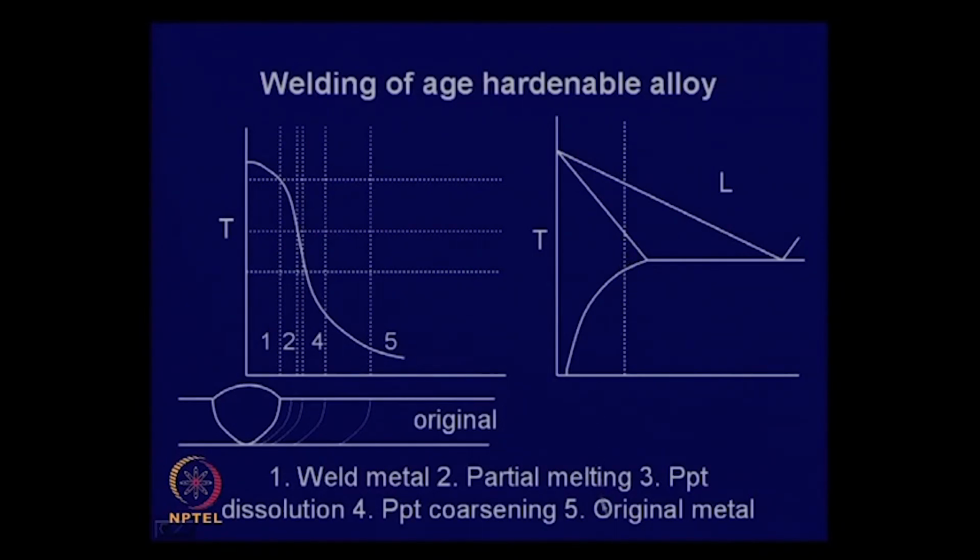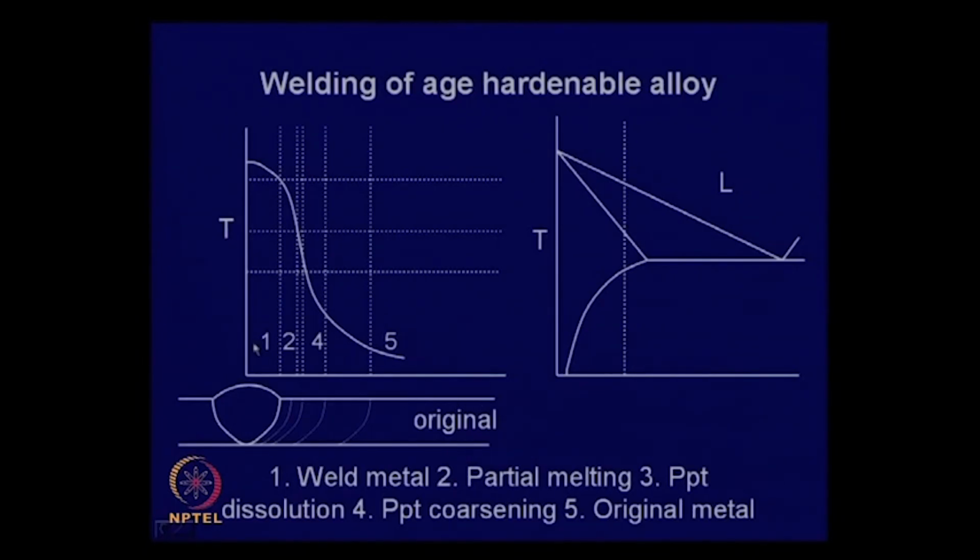Now, there will also be a region which is over-aged, somewhere here, wherever the initial precipitates that are there, they can coarsen, and below you will have that original metal.